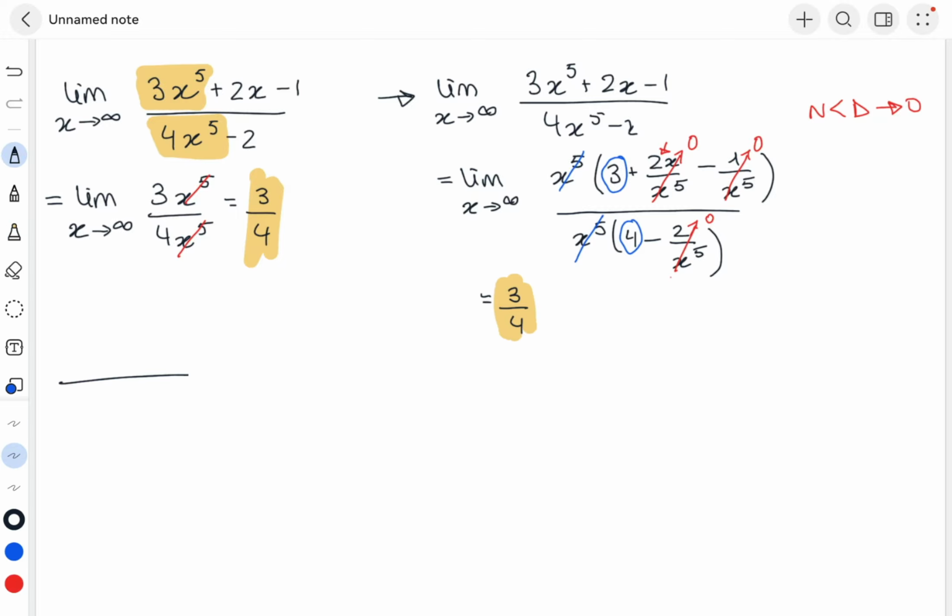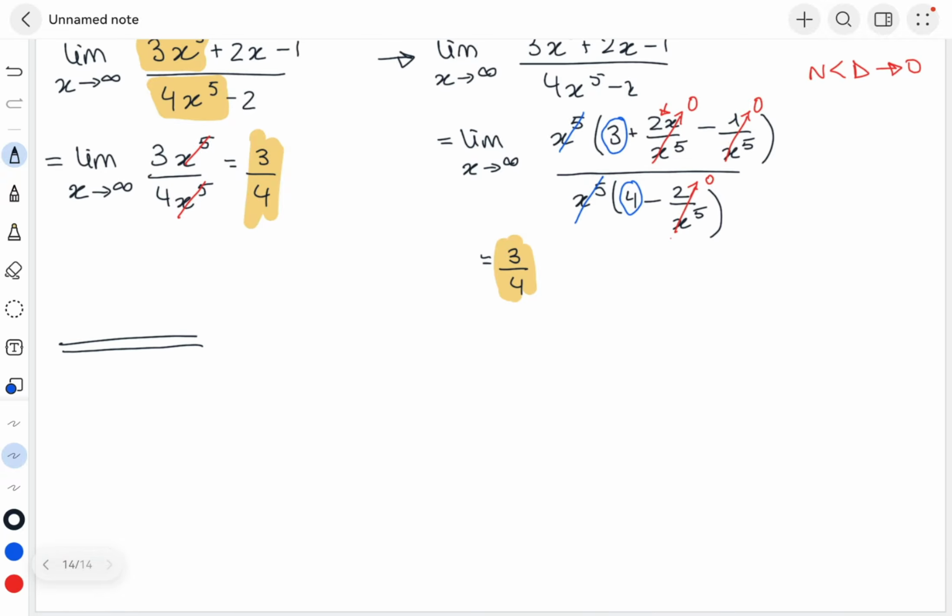Let's do another example. Okay, doing this example, if we do it the way that we did before, we take the x with the highest power.